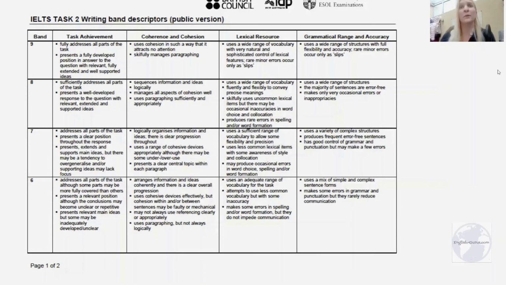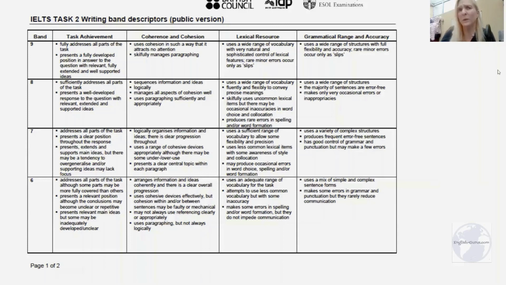Linkers are like firstly, secondly, moreover, in conclusion. And again, keep reading about the topics we mentioned so that you get a bigger vocabulary for lexical resource, and do your best to use clear, simple, and complex phrases.